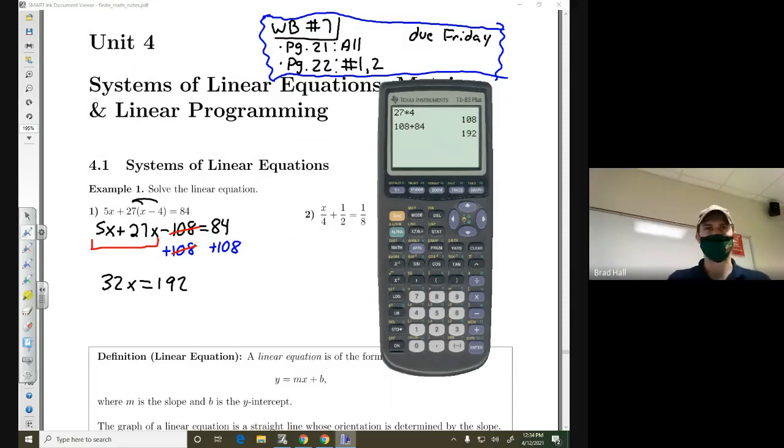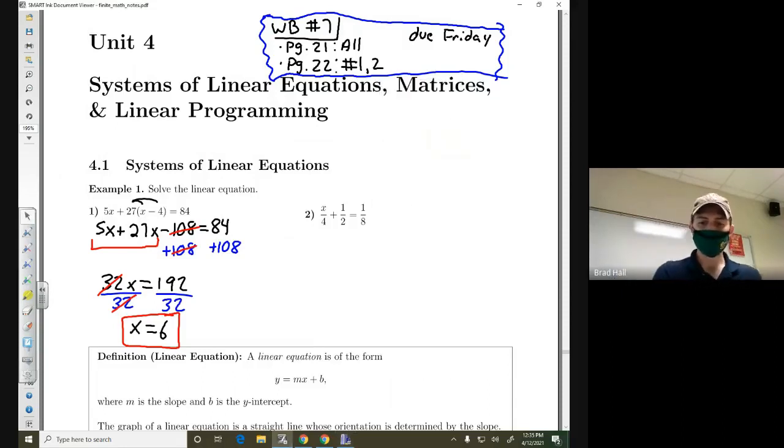And then from here, just divide both sides by 32. Pretty standard stuff to get x by itself. Divided by 32, and we just get 6. Very simple. So hopefully that wasn't too crazy for anybody, just standard high school algebra.